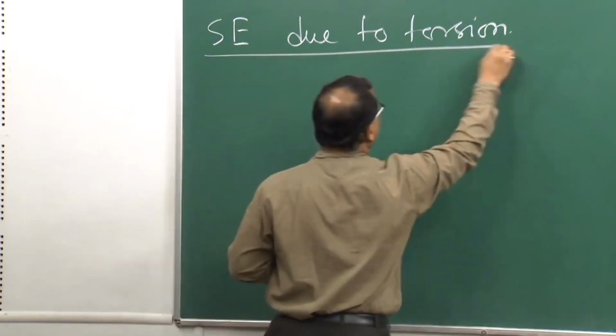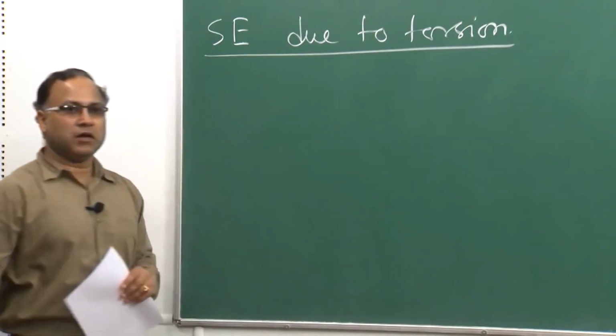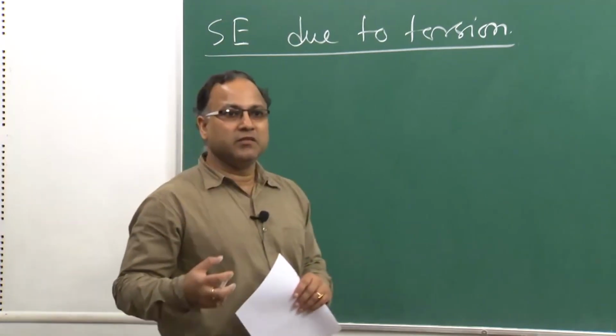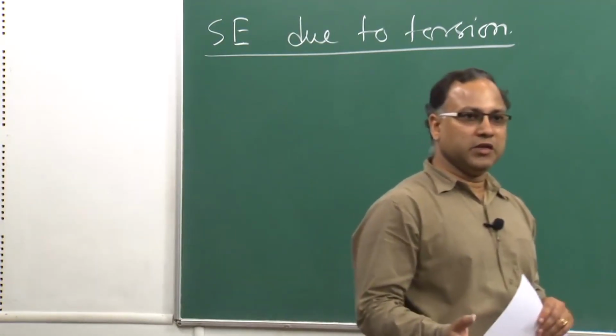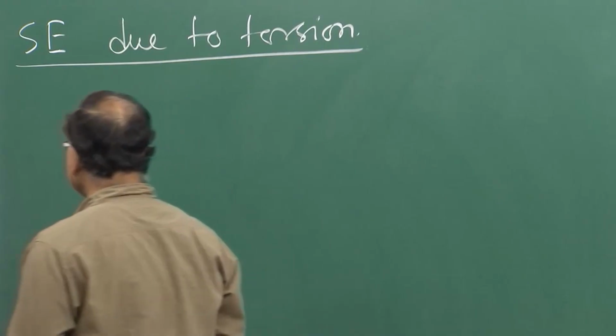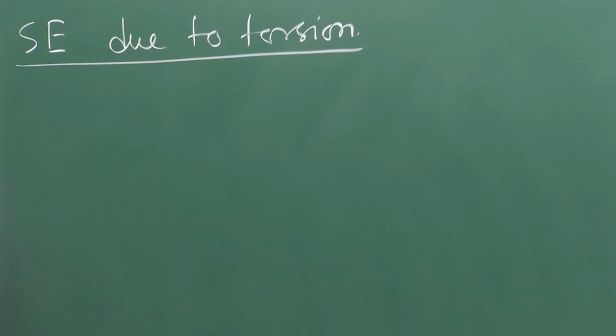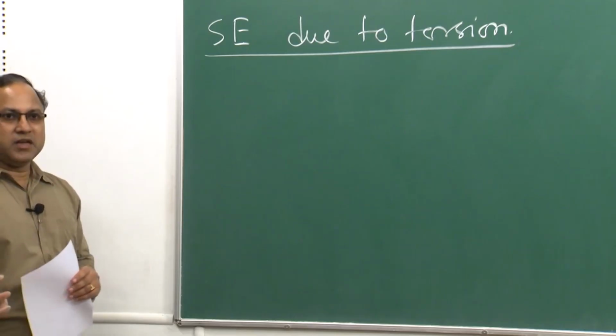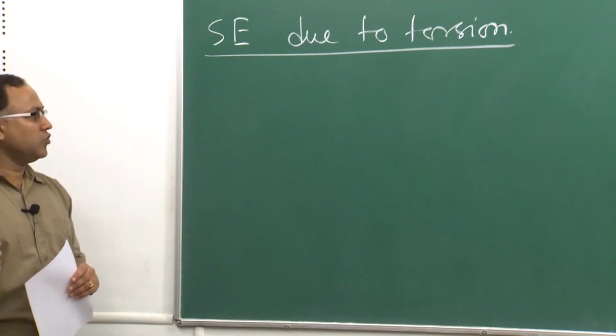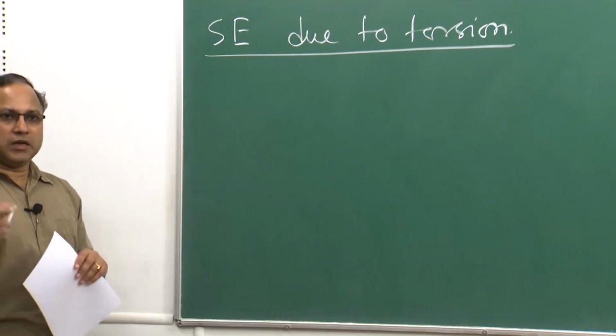Already we know what kind of stress and strain get developed during torsion. Now, we are considering a circular cross section cylinder member and an isotropic material, linear elastic of course. So, all those things are applicable.